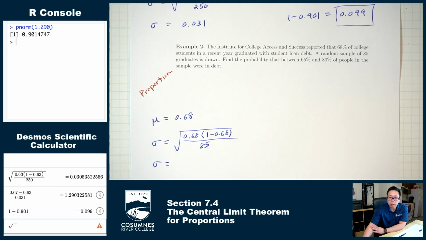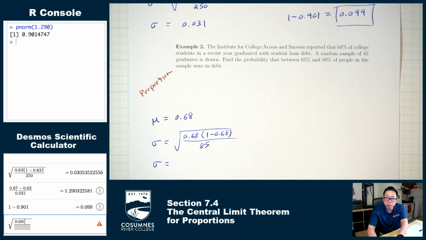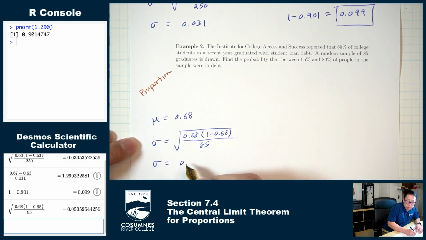Click the fraction to force that fraction to be inside that square root. Up top, 0.68, parentheses, 1 minus 0.68, and then 85 on the bottom. Rounded to 3 decimal places, this is 0.051.